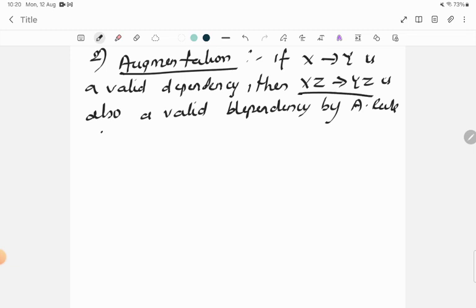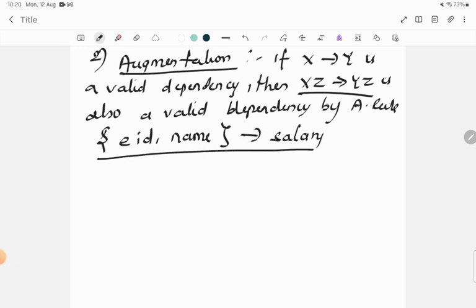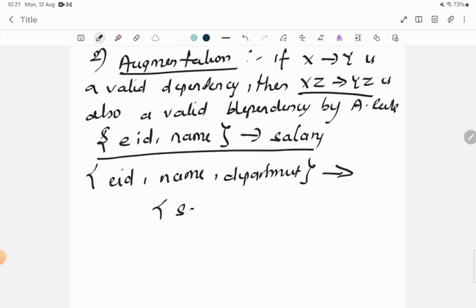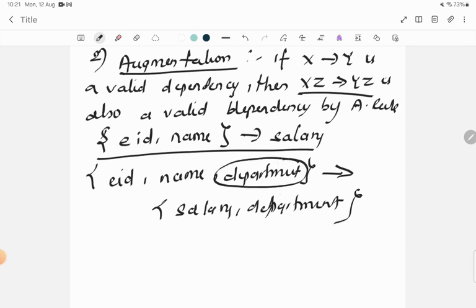For example, let's take the above example: if we have two attributes, employee ID and name, which determine the salary, and this is a valid functional dependency, then if you add another attribute, like department, this is also a valid functional dependency. I have added department here, so it is added there also. This is known as the augmentation rule.